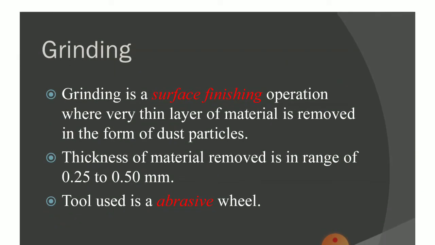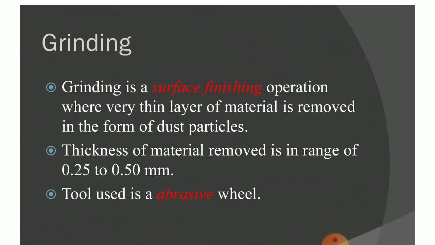Now let us enter into the actual grinding operation. The grinding process, as we discussed earlier, is a surface finishing operation generally used to perform super finishing operations on the workpiece. Grinding is a super finishing operation where a very thin layer of material is removed in the form of dust particles, right?